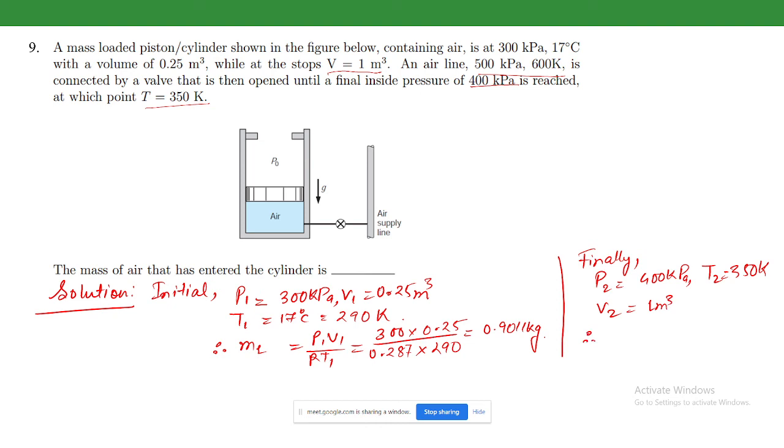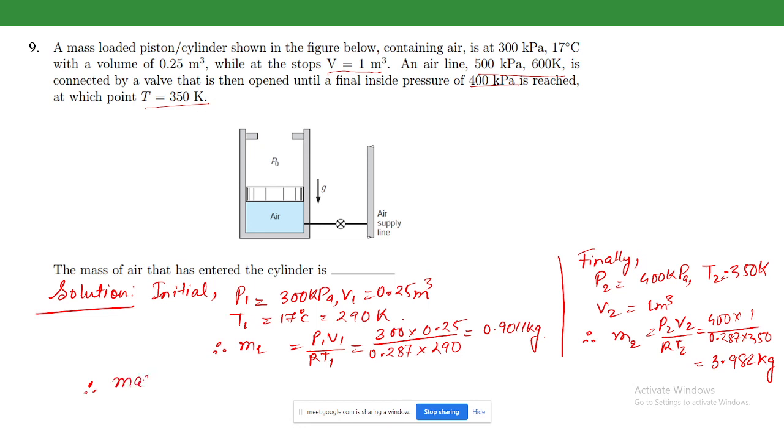Therefore, what is the final mass of air inside the cylinder? P2 V2 by RT2, that is 400 into 1 by 0.287 into 350. So this value comes out to be 3.982 kg. So initially there was this mass and finally there was this mass. So what mass has entered? It will be the difference between these two masses.